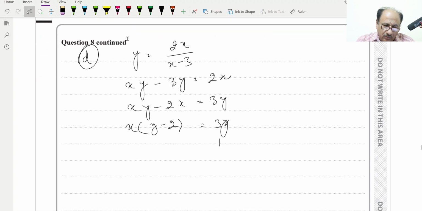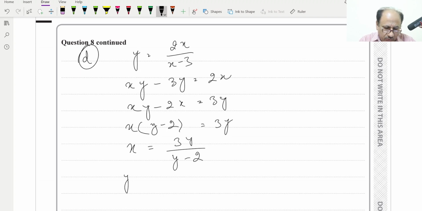And now we can shift and make x the subject, so this will be 3y over y minus 2. And now we can swap x and y, so y is equal to 3x over x minus 2. This will be our inverse function. So this is the inverse which we were supposed to find.